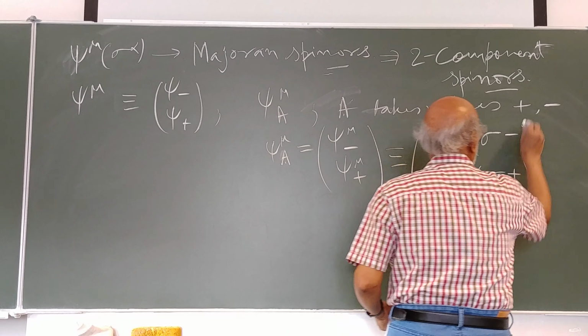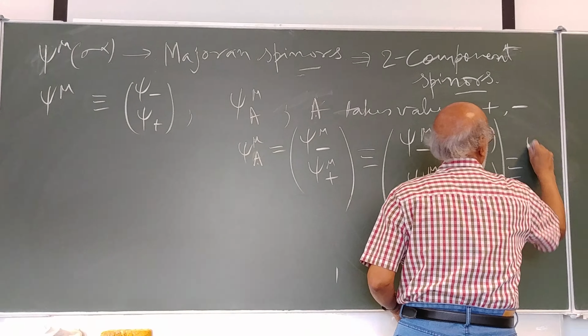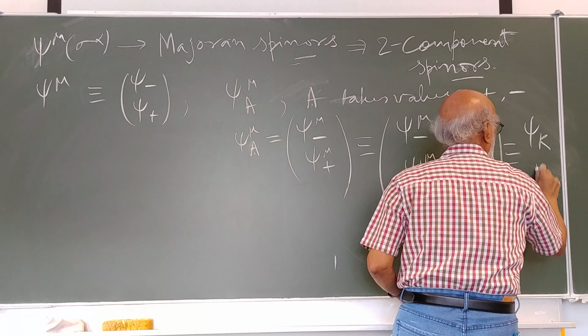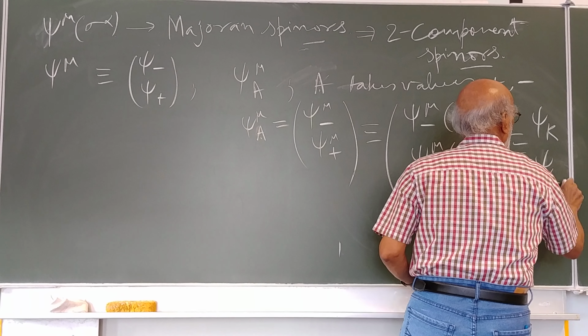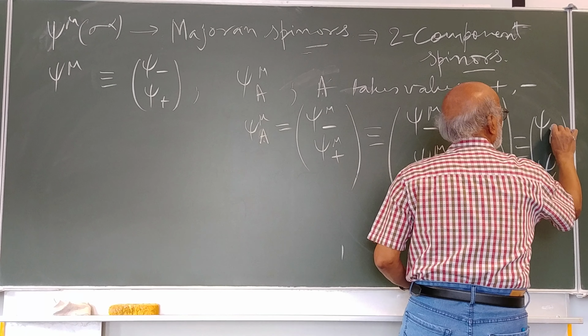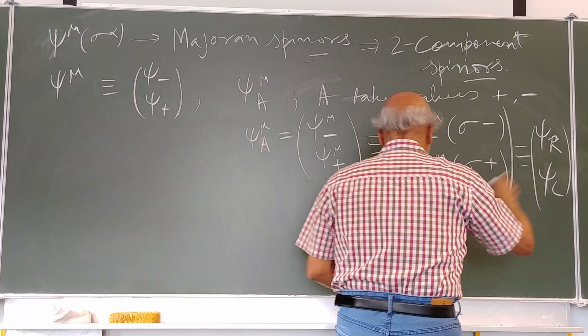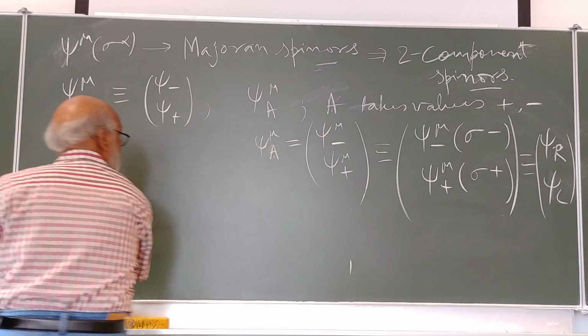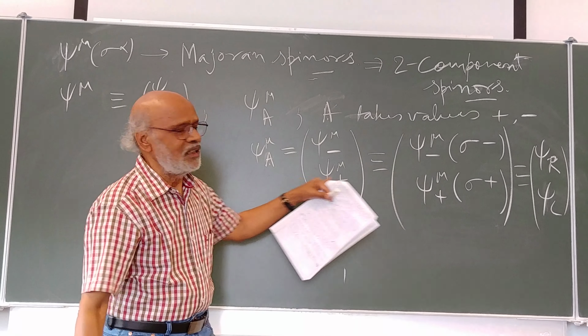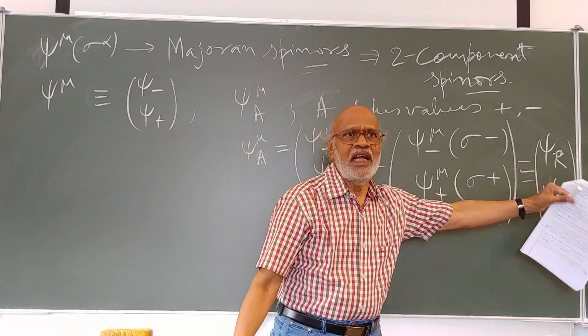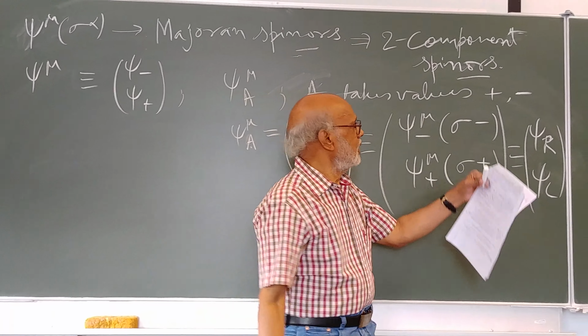You will find that all these things follow and are related. We go step by step, but eventually one of them would be a right mover, one of them would be a left mover.